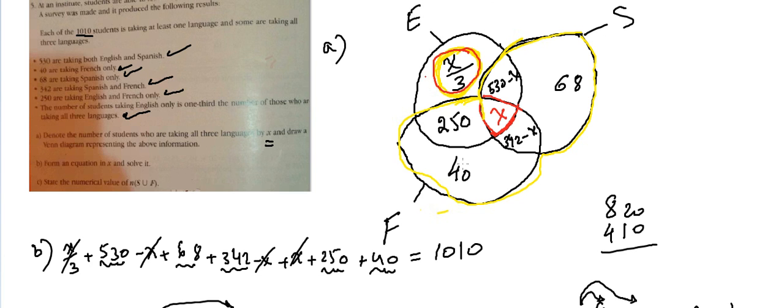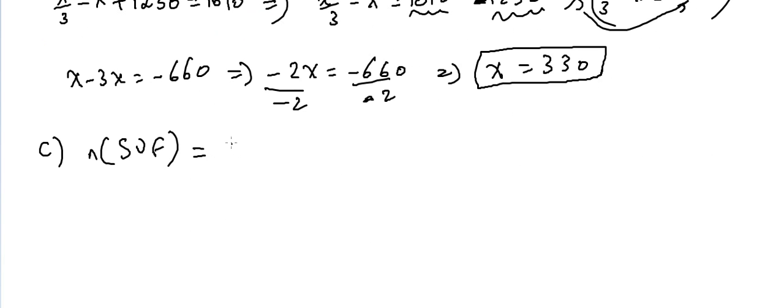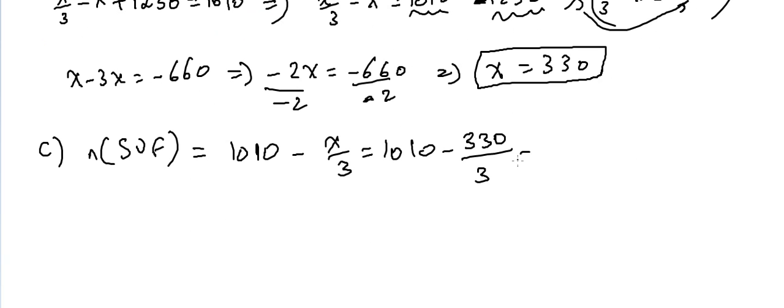So the union is the yellow region, Spanish and French. Simply it's all the students, 1010 minus X over 3. This means 1010 minus 330 divided by 3, which is 1010 minus 110. So how many students in all? 900 students taking Spanish or French all together. And that's it.